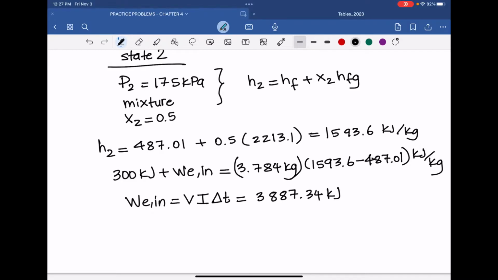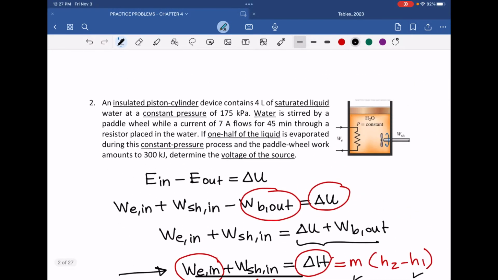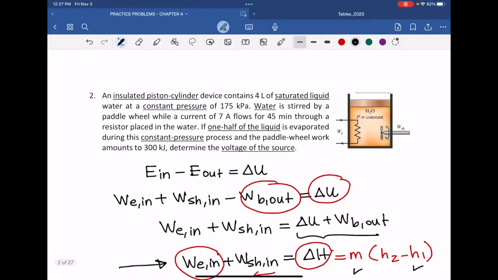And since they already gave us information about the current and the time, let's use it. So voltage times current is 7 times time is, I think, let's check, 45 minutes.